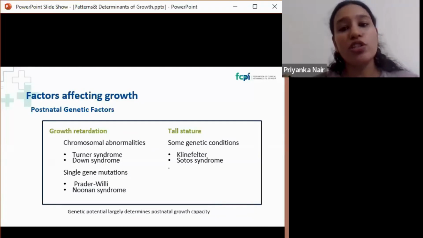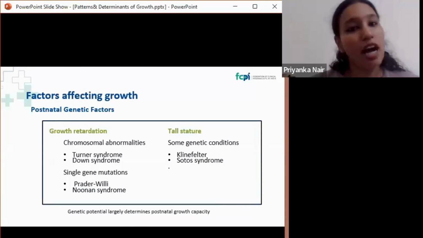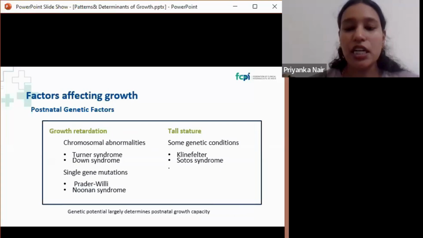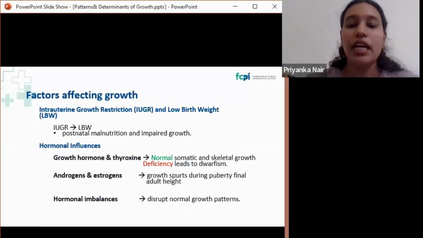Then, among the postnatal genetic factors, postnatal is after birth. There is growth retardation seen because of chromosomal abnormalities like Turner syndrome and Down syndrome, while in the case of other genetic conditions like Klinefelter syndrome and Soto syndrome, we see a tall stature. Then, intrauterine growth restriction and low birth weight.